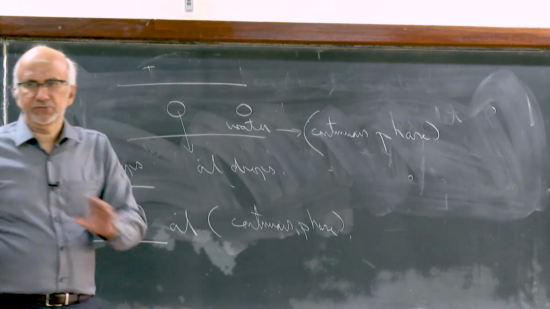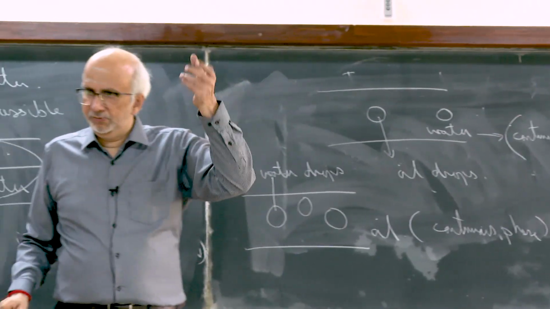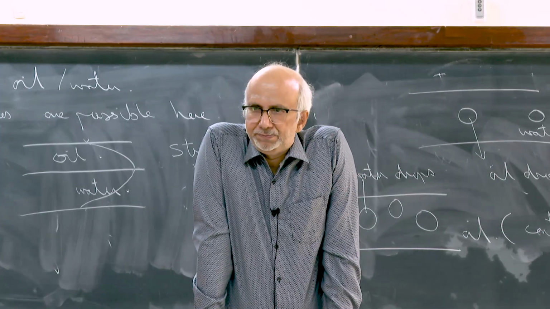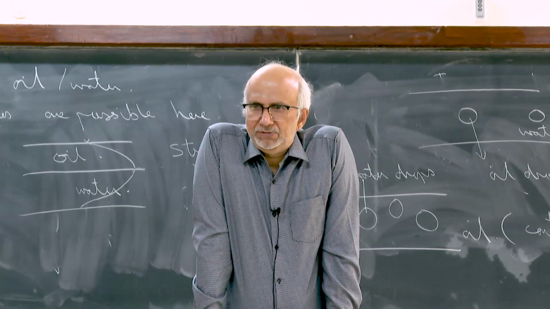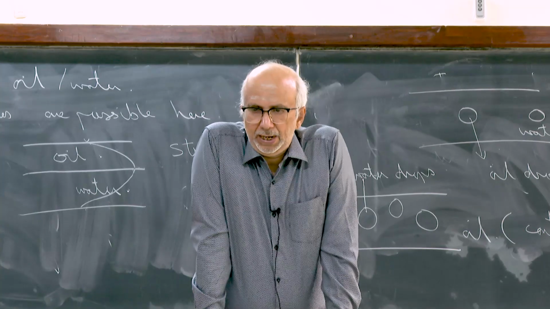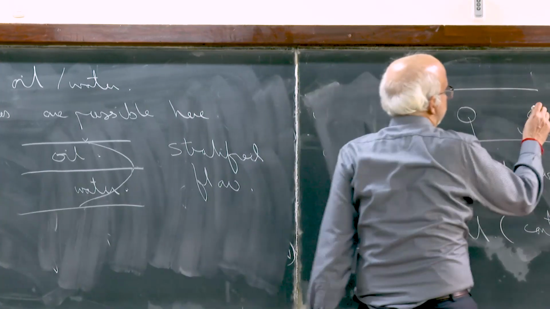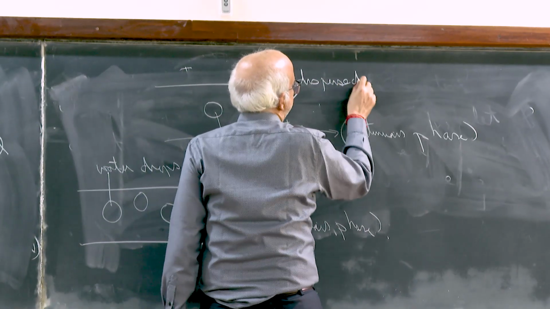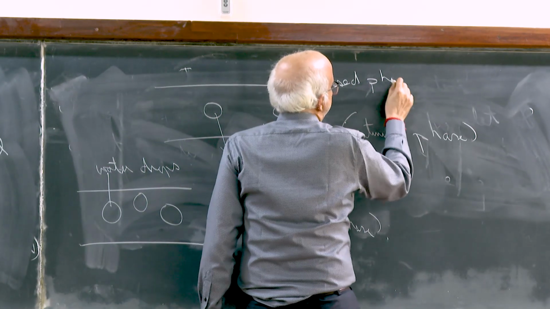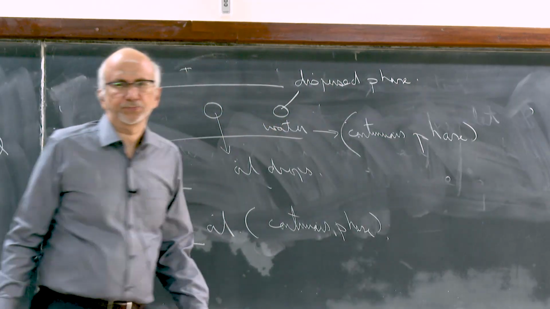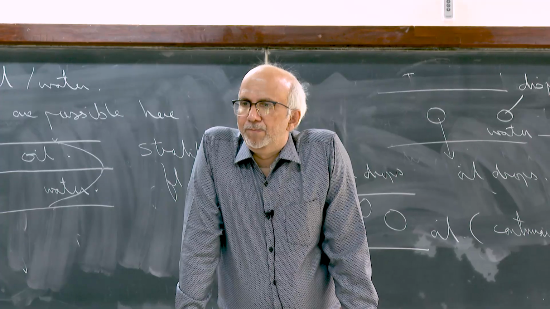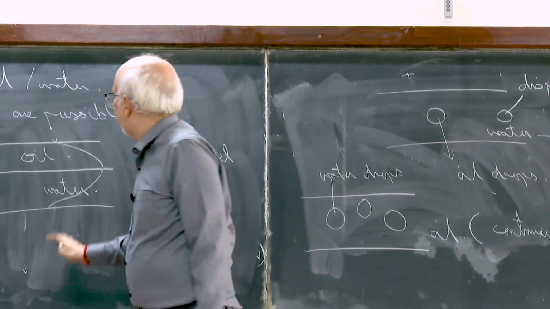What do I mean by continuous phase? You have a continuous phase in which the drops of the other phase are there. The other phase is a dispersed phase. To keep life simple, I just have two phases, and the drops. This is the dispersed phase. The question is, under what conditions will you get a flow like this?